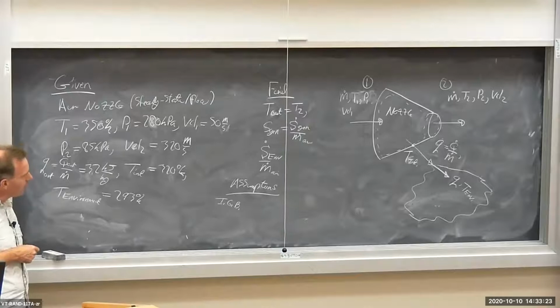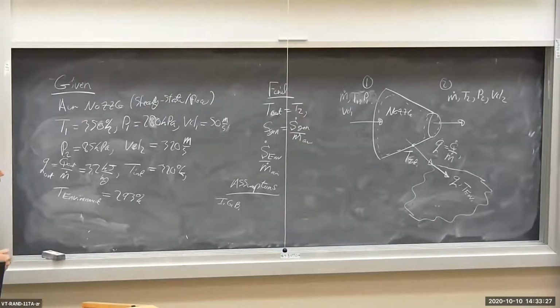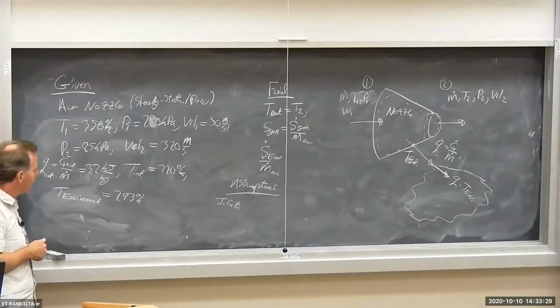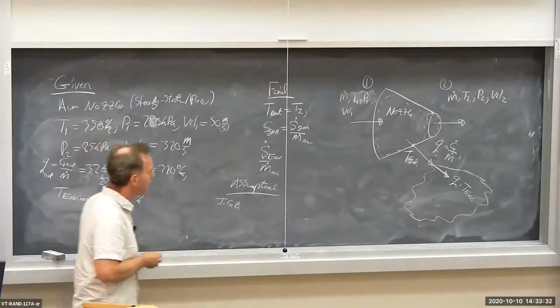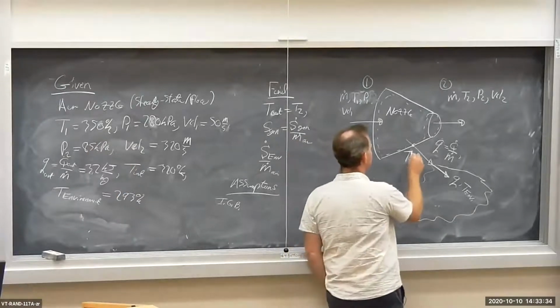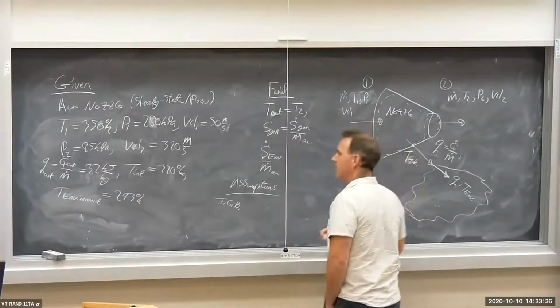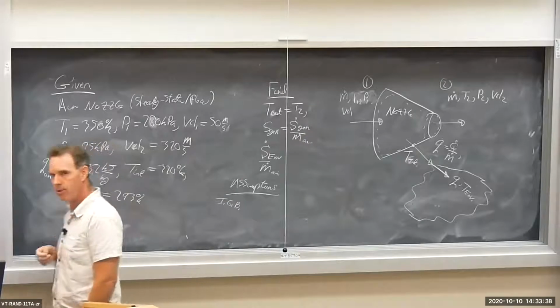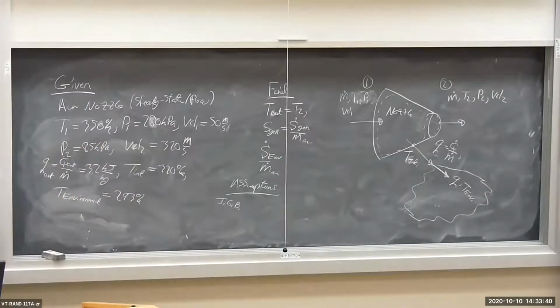So we have some heat transfer out of the nozzle because we're dealing with hot air flowing in and then out of the nozzle. The interaction temperature at the surface of the nozzle where the heat transfer occurs is given at 320 degrees Kelvin. That's the interaction temperature for the heat transfer from the nozzle.